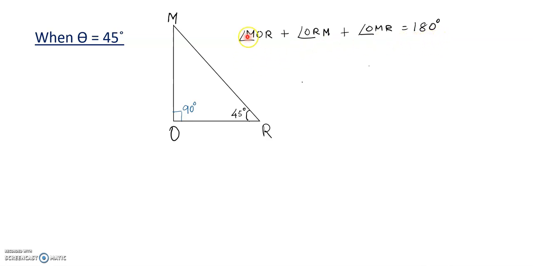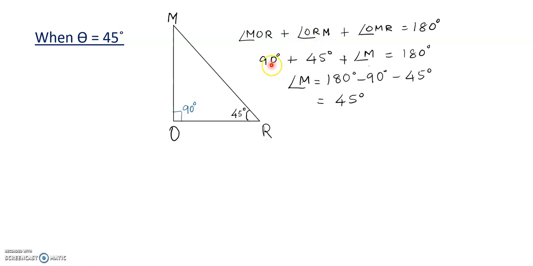Now we know that angle MOR, which is this angle at O, is 90 degrees, and this angle is 45 degrees. So let's substitute these values. Substituting these values, we get 90 plus 45 plus this angle at M is equal to 180 degrees.